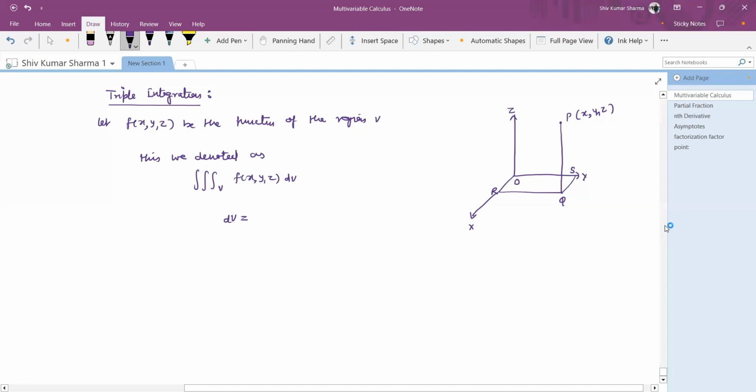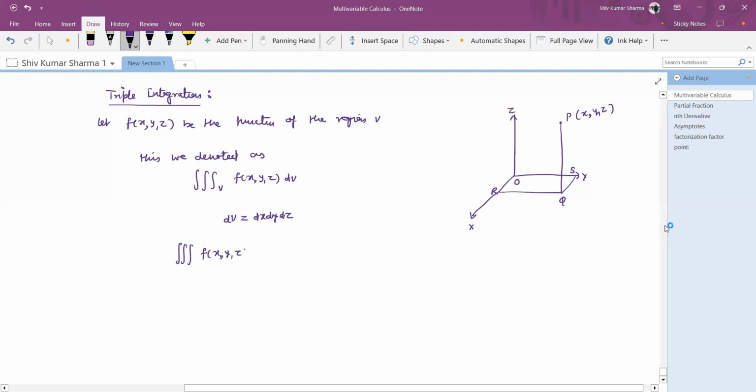When we are discussing triple integration, we are taking three axes. So we take a small strip whose length, width, and height we consider as dx, dy, dz. So dv is always represented as dx dy dz in triple integration.